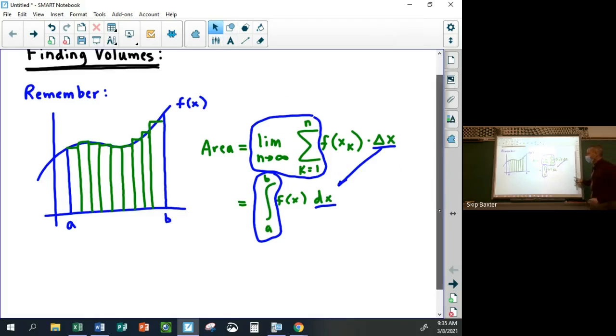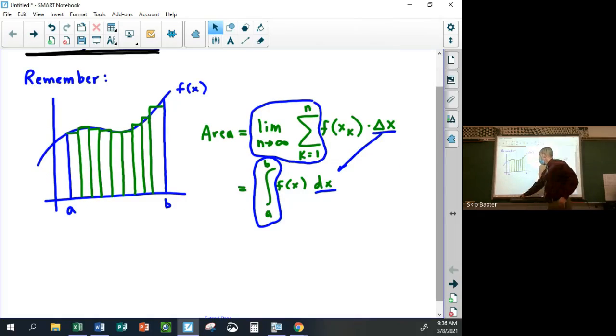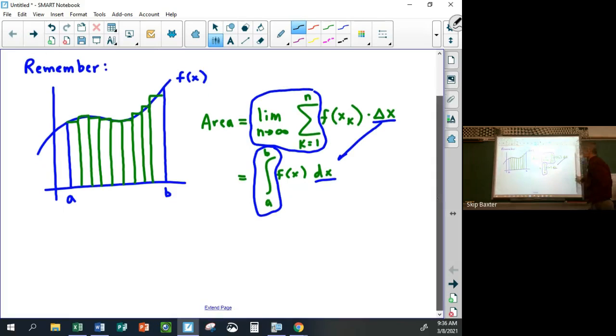So for example, suppose you have a solid three-dimensional figure.